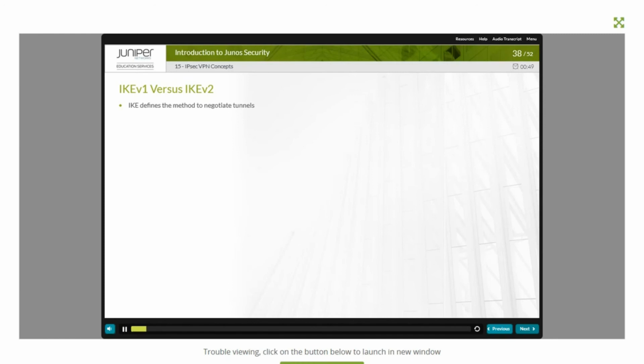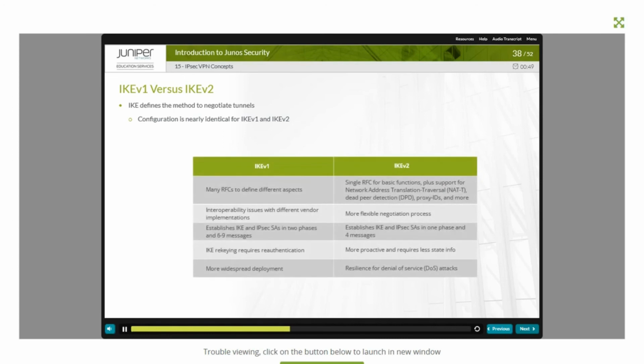IKE defines the specific method and messages used to negotiate VPN tunnels. The configuration of either version is exactly the same with the exception of configuring the IKE version to IKE-v1 or IKE-v2 only. If you choose not to configure an IKE version, the default version is IKE-v1 only.